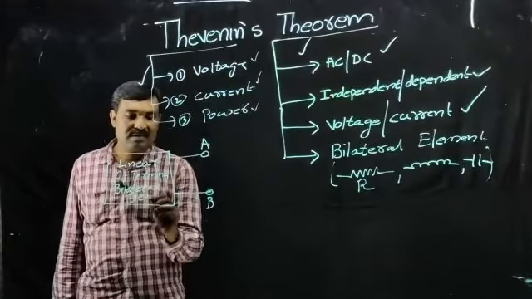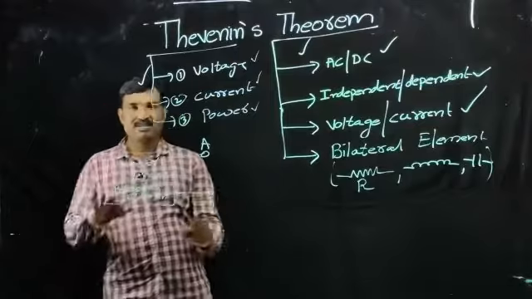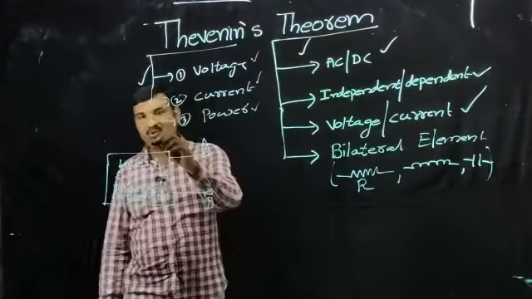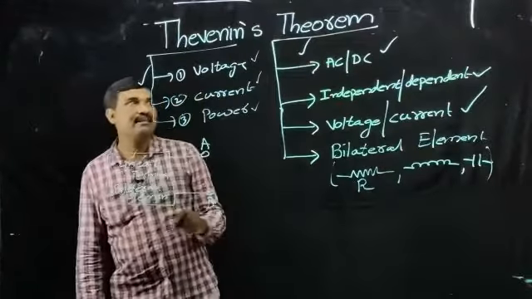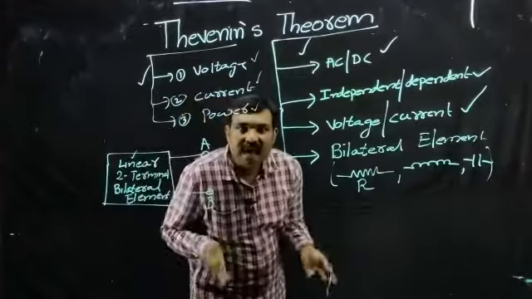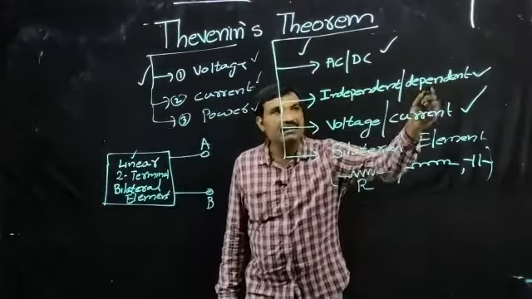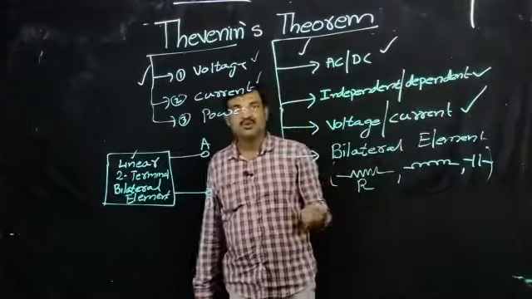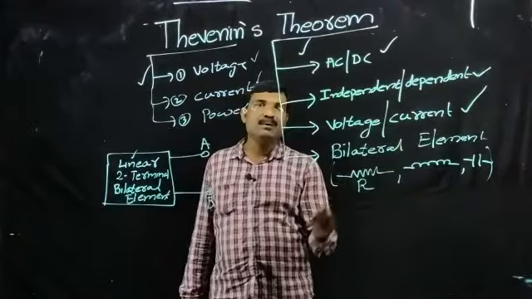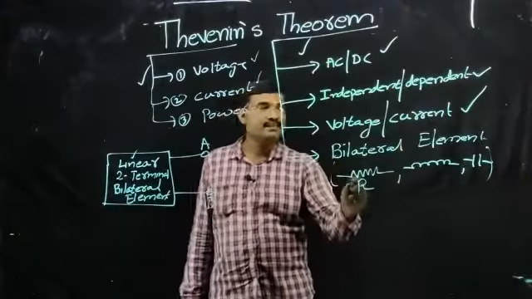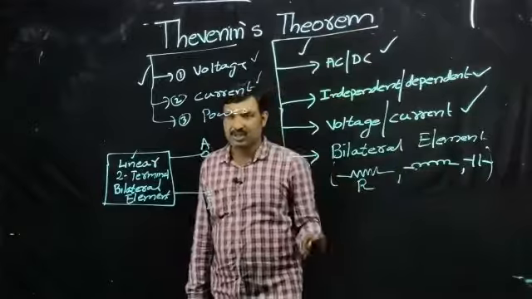So this box will represent the network. It consists of linear bilateral elements and both AC and DC sources that may be independent or dependent, either current source or voltage source. And the elements should be bilateral, like resistance, inductance, and capacitors, right?